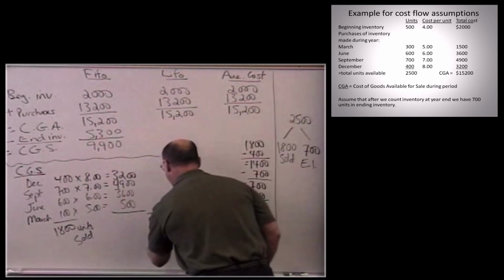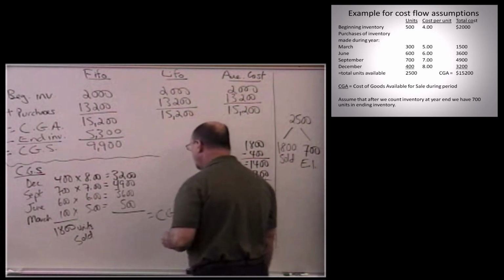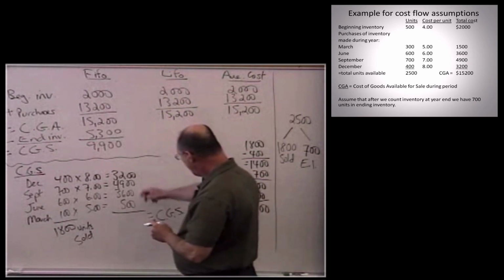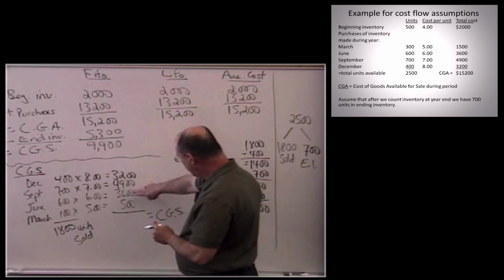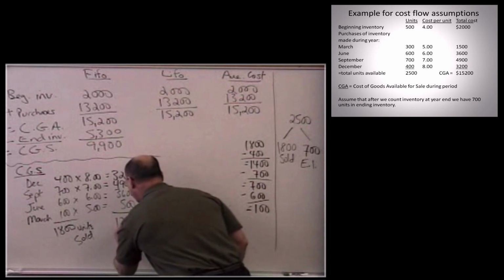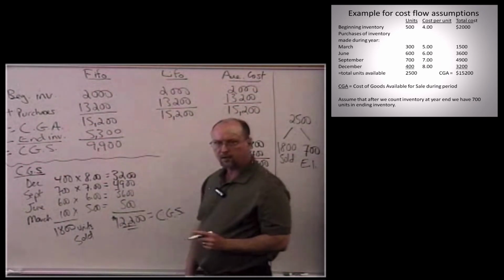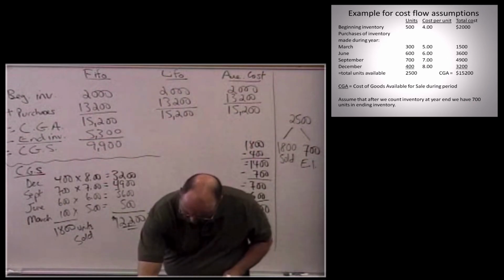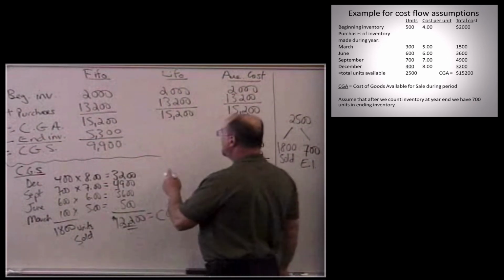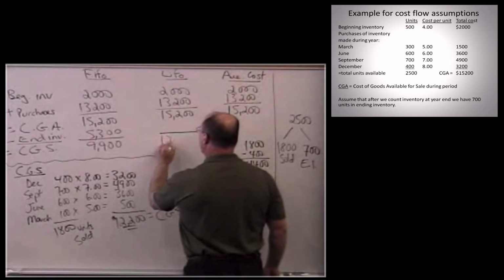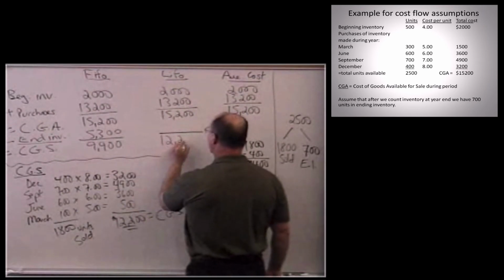And my cost of goods sold, here goes with the math: 8,100 plus 4,900... that's $12,200. That's my cost of goods sold under LIFO. Okay? So I'm going to plug in cost of goods sold, 12,200.